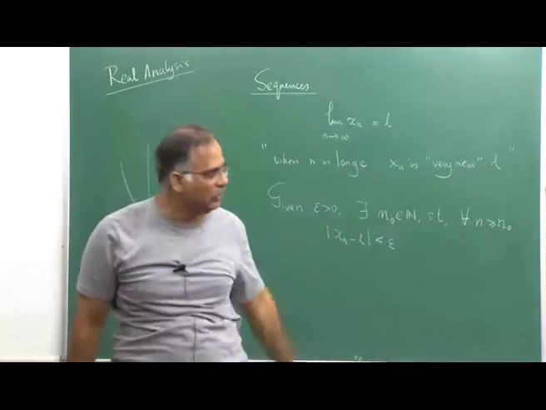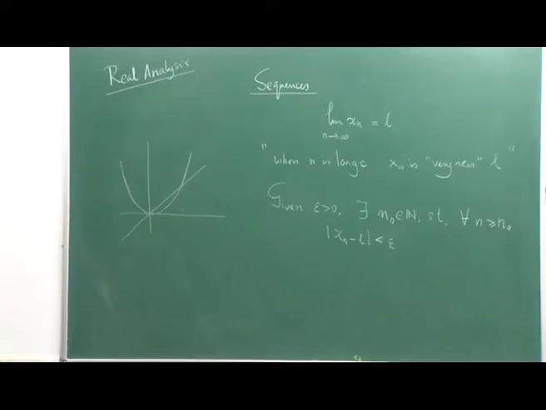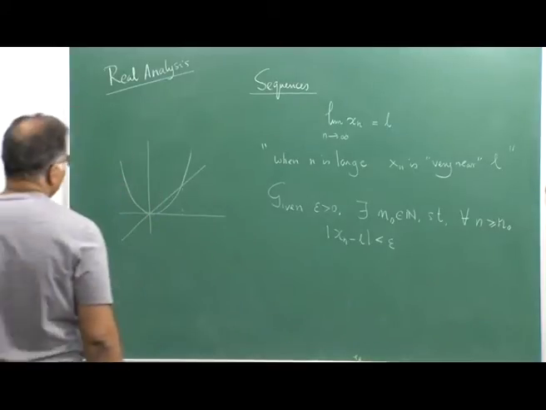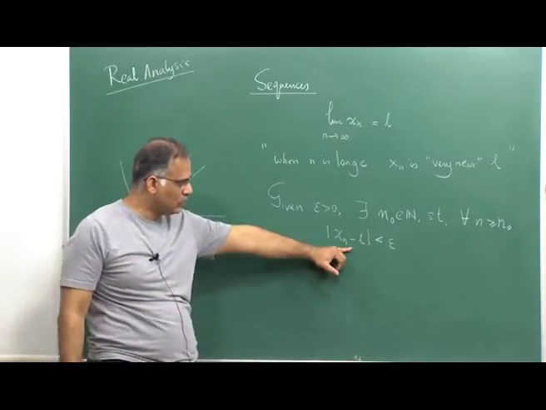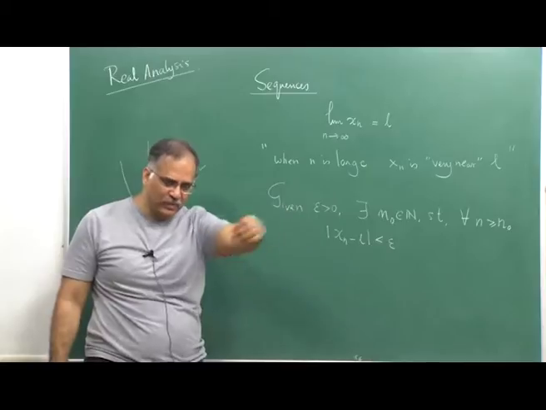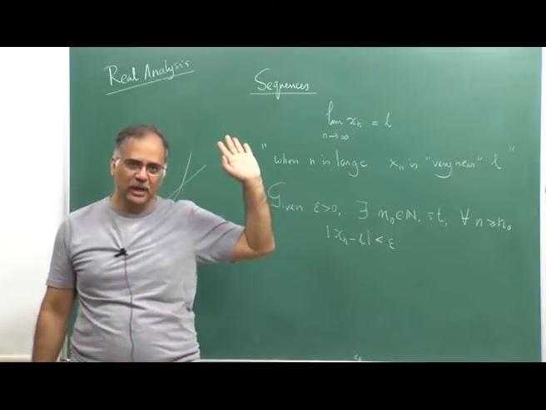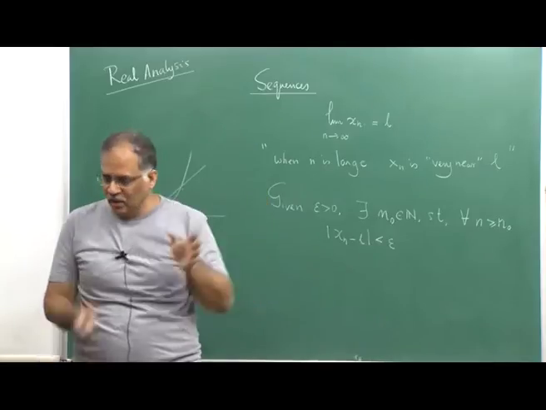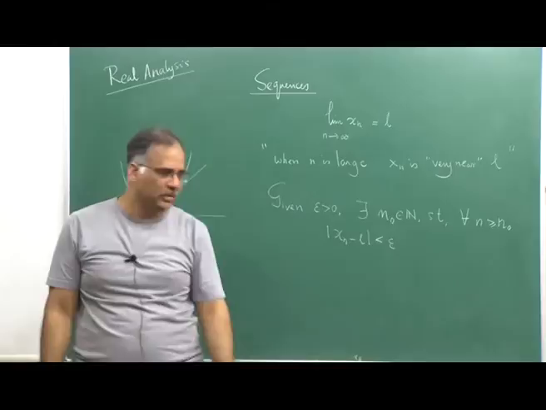We will just draw it and show you. What it simply says is that if you give me any epsilon, I can show you that except for a finite number of members of the sequence, all the other members are within that limit.